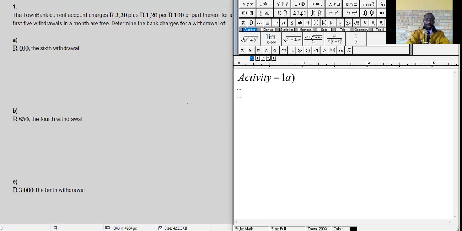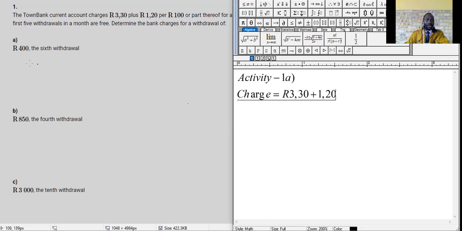So what is the charge? The charge in this case is going to be the initial constant charge, which is 3.30 plus the 1.20, which is for every 100 rand which is withdrawn.